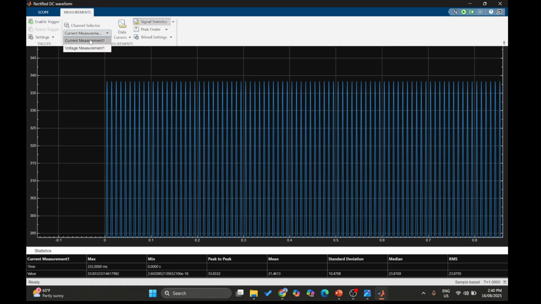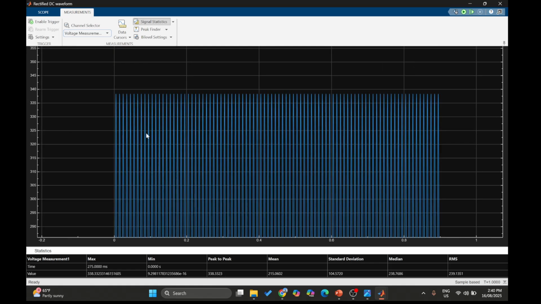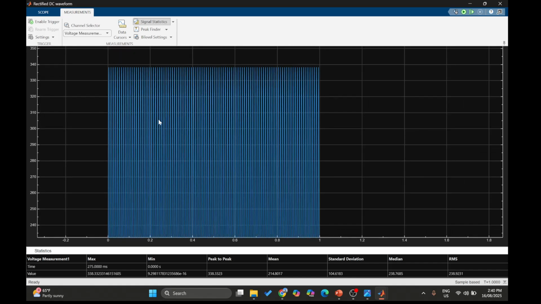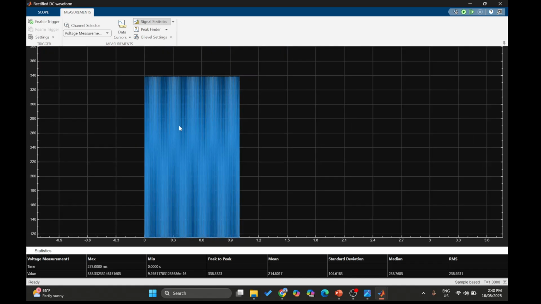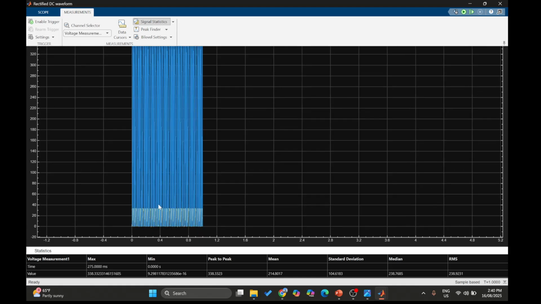For the voltage, we are getting a peak of 338. It's 340. So look, this is why we need to consider the peak inverse voltage of a diode, because the diode has to withstand twice this voltage.